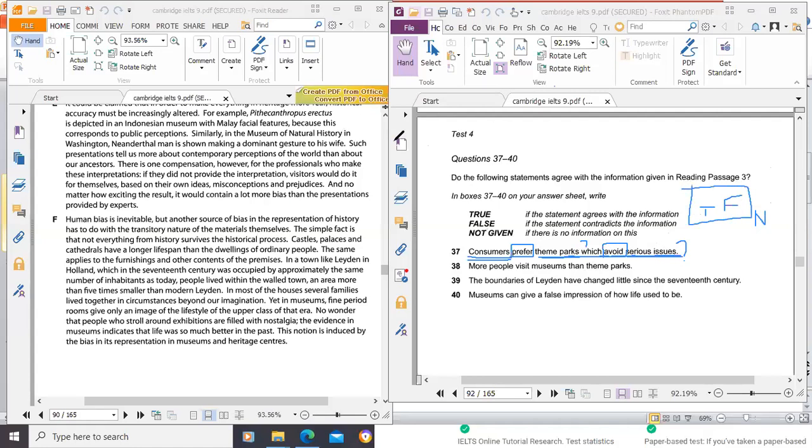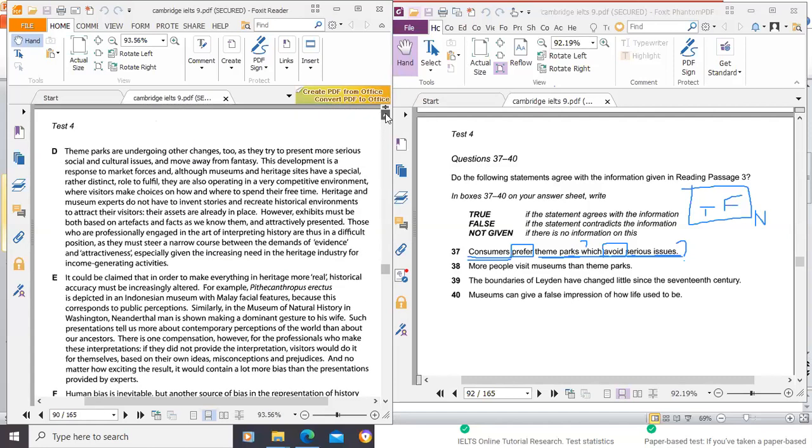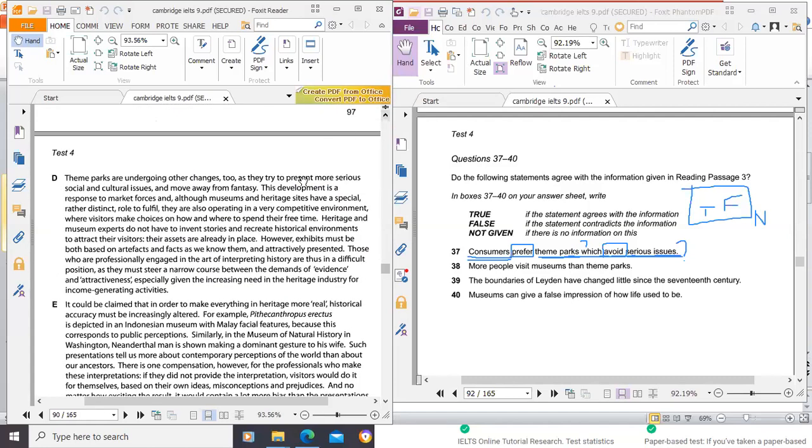So bearing in mind that, do visitors prefer theme parks because it avoids serious issues? That is what I'm looking for. So I'm looking for theme parks and serious issues. I've seen it somewhere in paragraph C or so. Okay, paragraph D. So that is essentially what you want to quickly do.